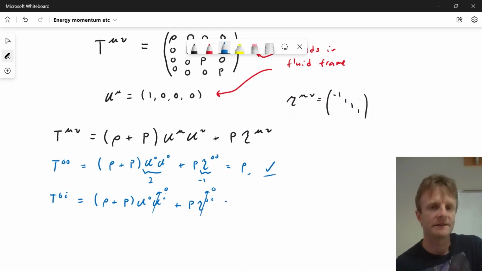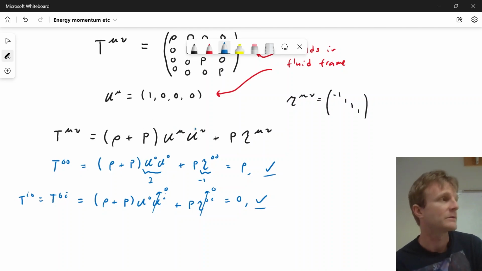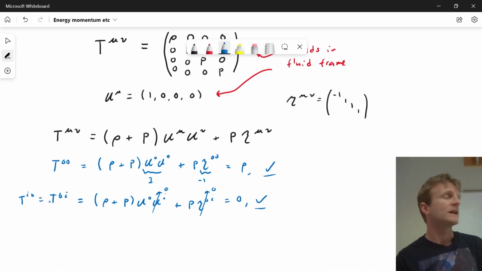There are no off-diagonal elements in eta. So T^0i is 0, which is what we wanted. We wanted all the off-diagonal elements to be 0. And it's manifestly symmetric just from the way we constructed it, so we don't have to check i0 separately.